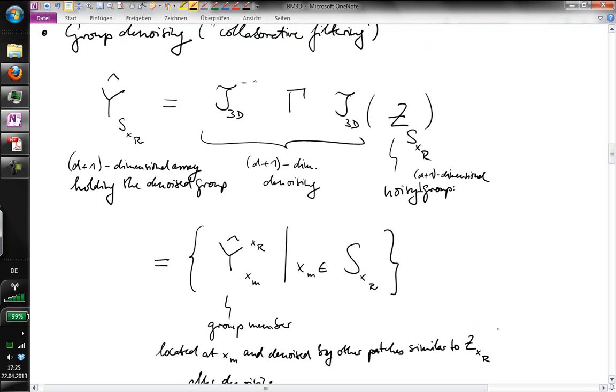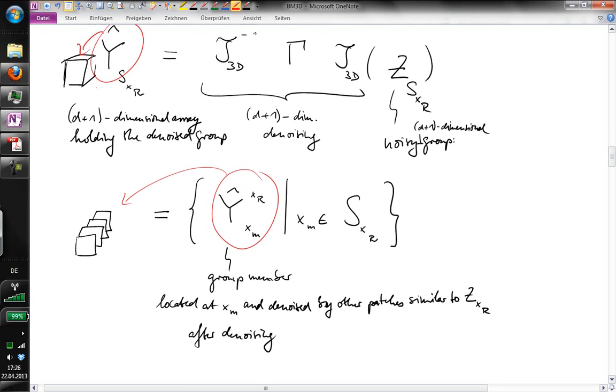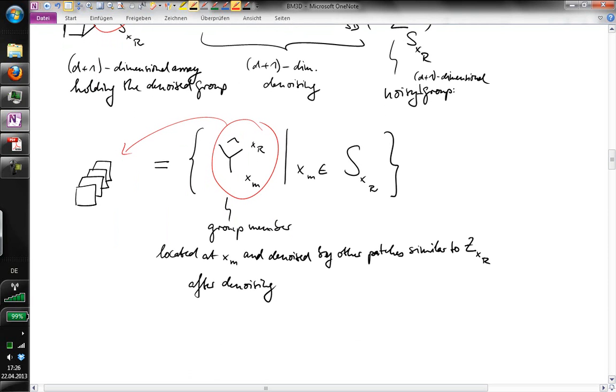All right, so in other words, the thing here at the top, this is the 3D group. And what this equation says, it tells us what the individual members of the group are called. So this here references the individual members of the group, whereas this thing here references the 3D block as a whole. And this extra notation was needed to discuss the aggregation step.